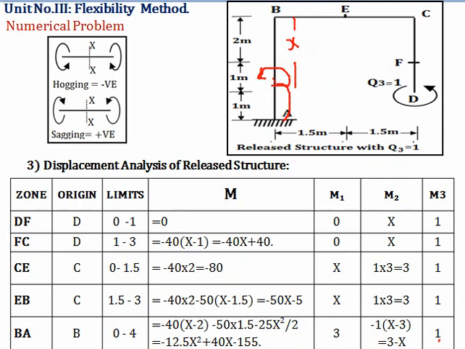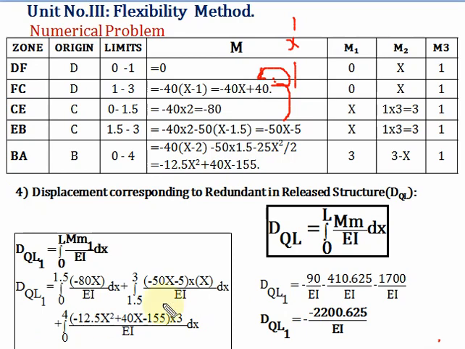Okay. Now after that we are going to find out dQL1. We know the expression for dQL, integration 0 to L m into m1 upon EI. So here multiply m into m1. So for first two zones, as the values of m1 is 0, this term will become 0. For CA, the limit is 0 to 1.5 into minus 80 into x.